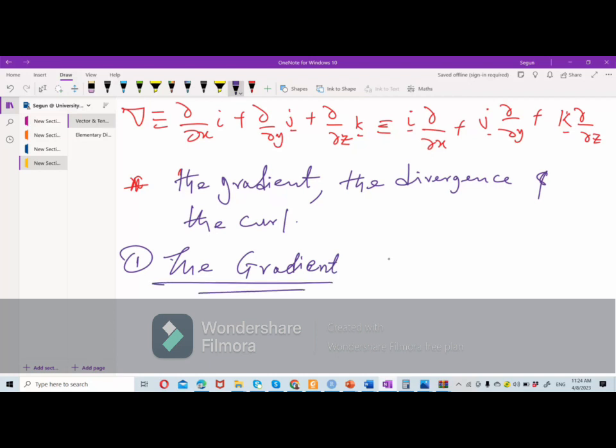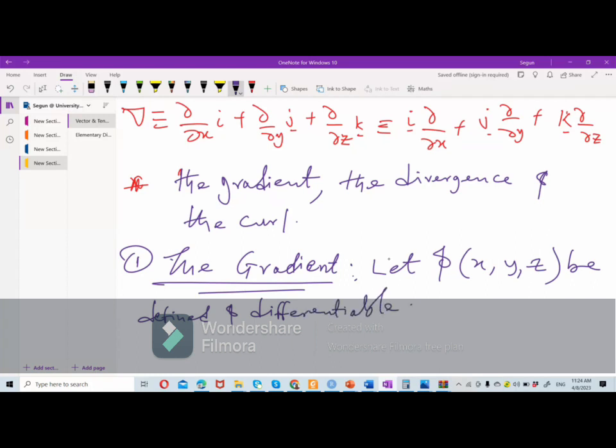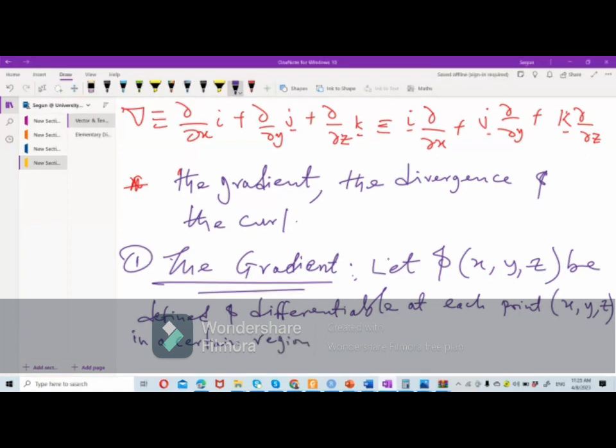For the gradient, we say in this way: let phi equal phi of x, y, z be defined and differentiable at each point x, y, z in a certain region of space.